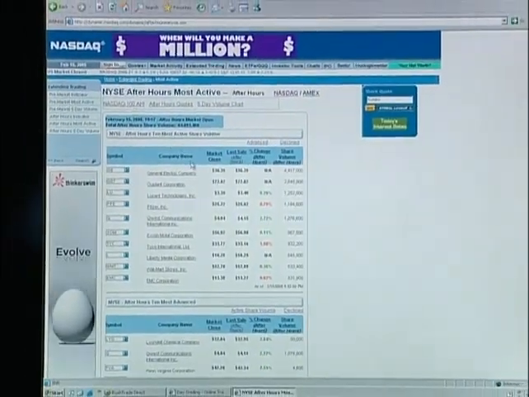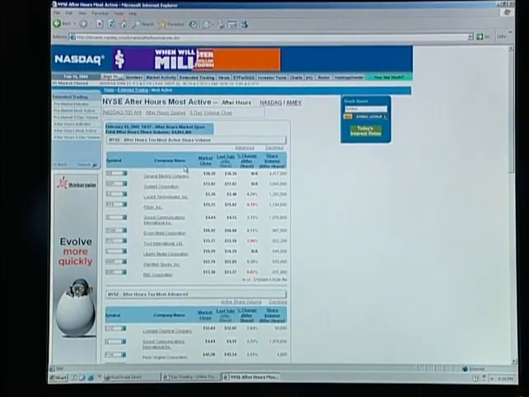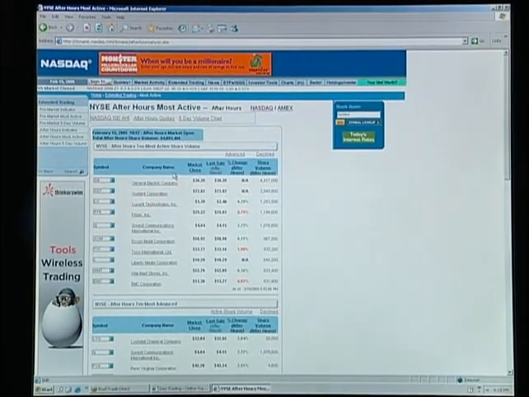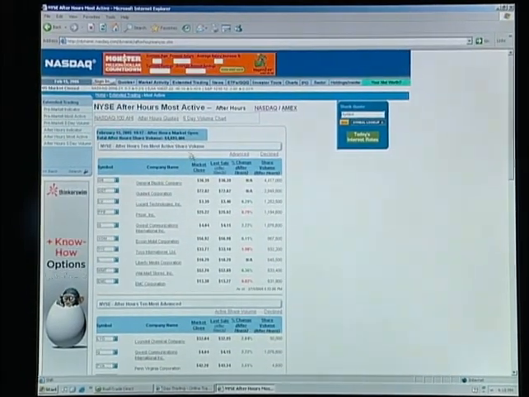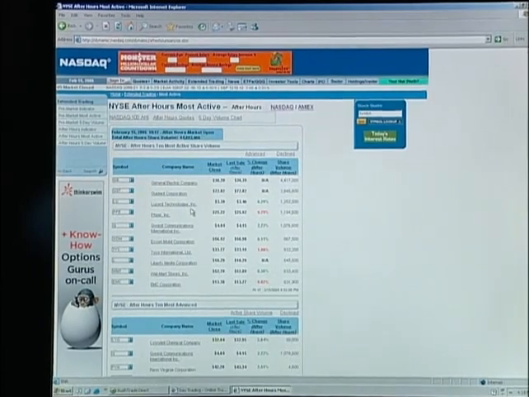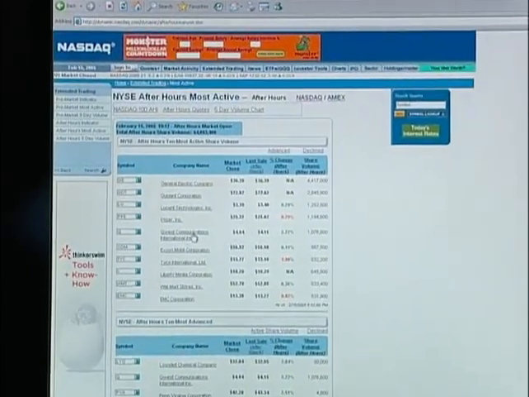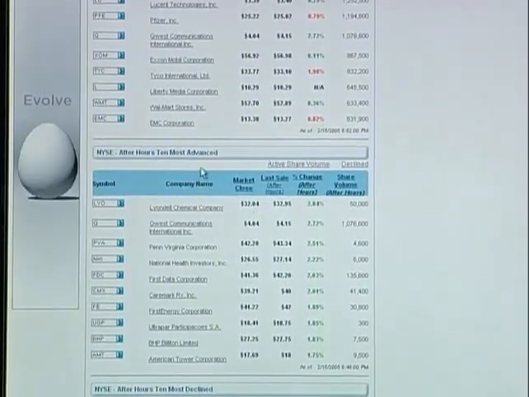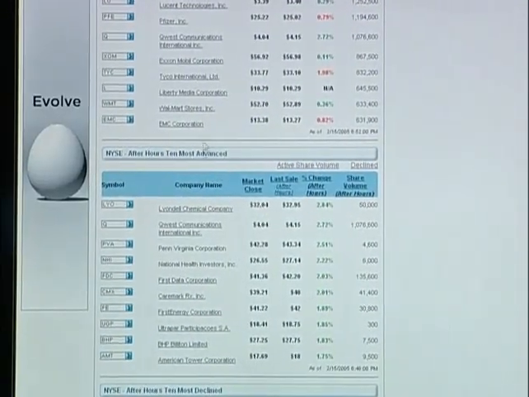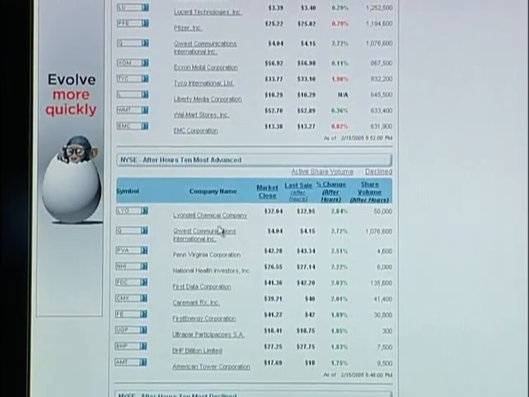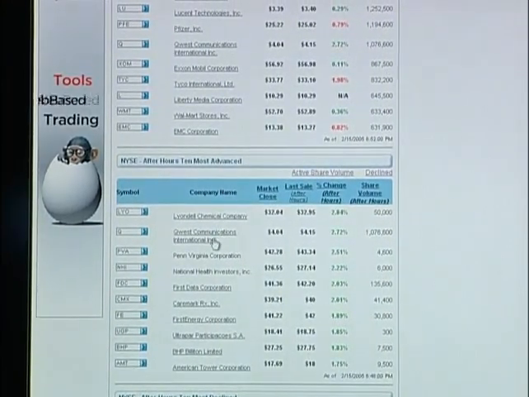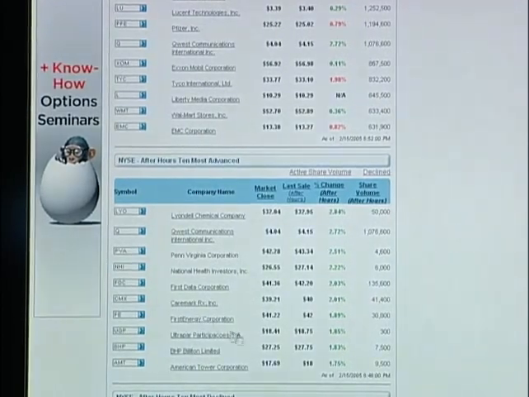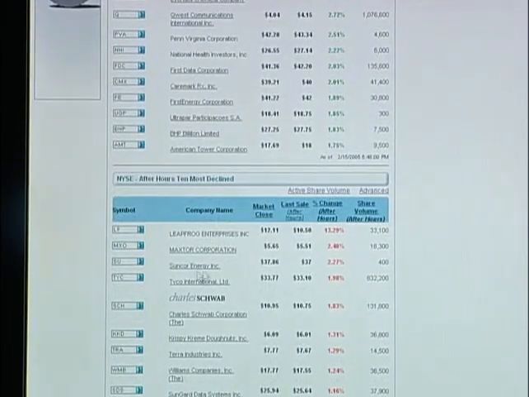Okay, so here we see the most active share volume, and we see General Electric, Guidant, Lucent, Pfizer, Quest, but right below that is not only the most active, but also the most advanced, which may not necessarily be the same ones, okay, and we see Lyondell, Quest, Penn, Virginia, First Data, etc. And then, of course, here we even have the most declined.